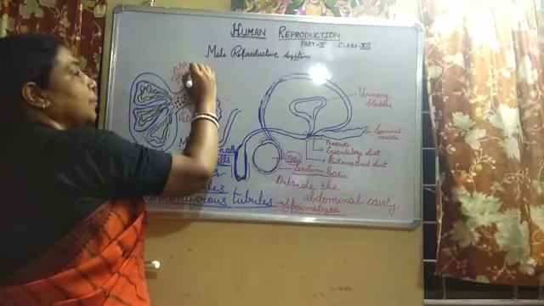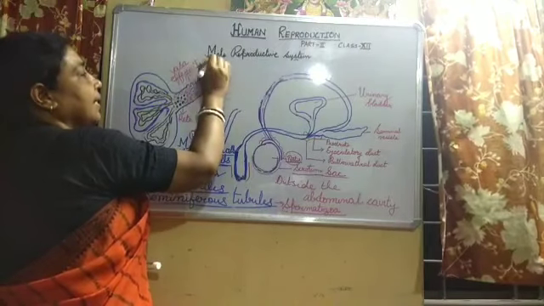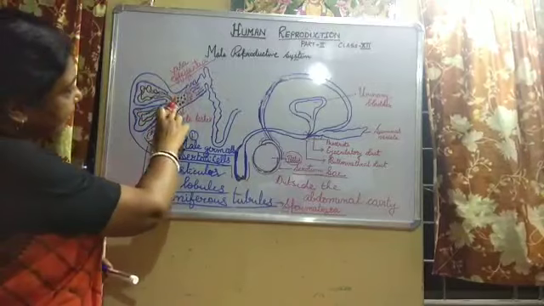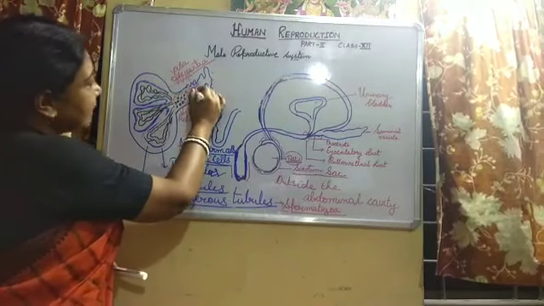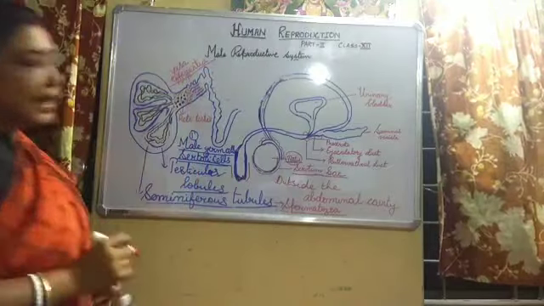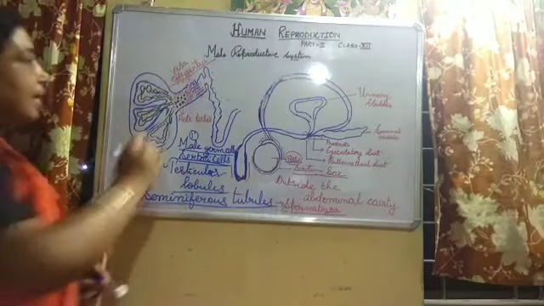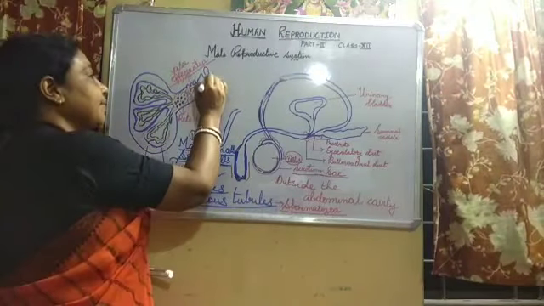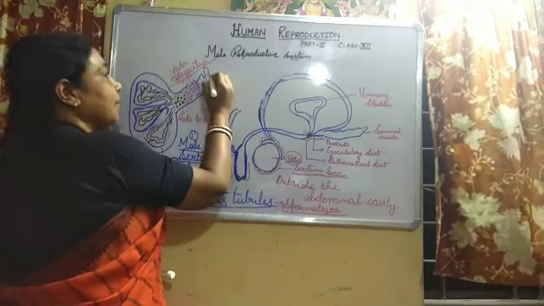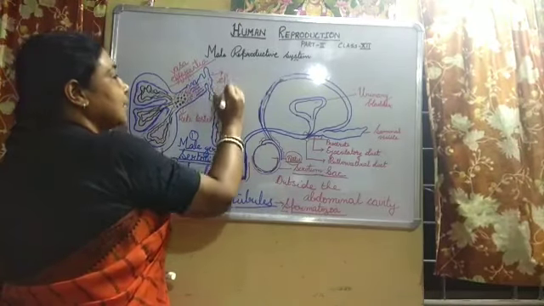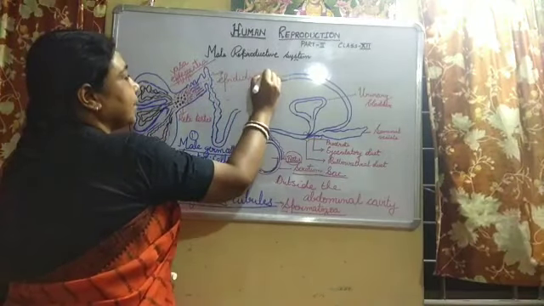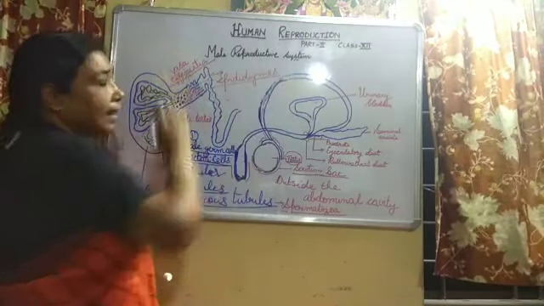From the vasa efferentia, it comes to this most important part, known as the epididymis.